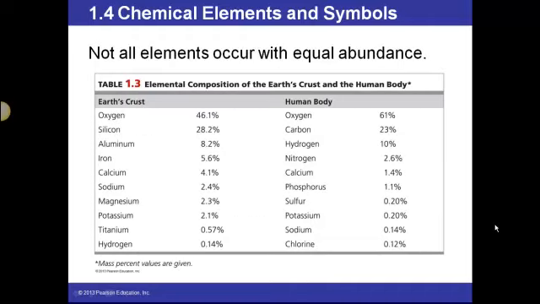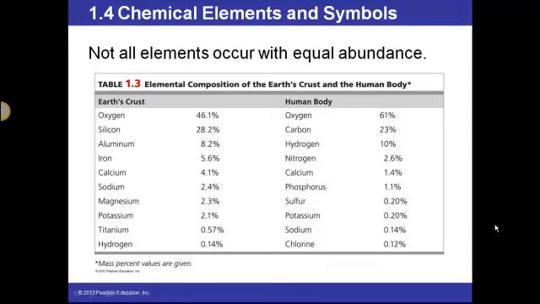This is just showing that there are different abundances of different elements present on the Earth. There are different concentrations in different organisms, and different concentrations of these elements in outer space. So depending on where your location is, you're going to have different concentrations of the different elements. Within the Earth's crust, the most common 2 elements are going to be oxygen and silicon.